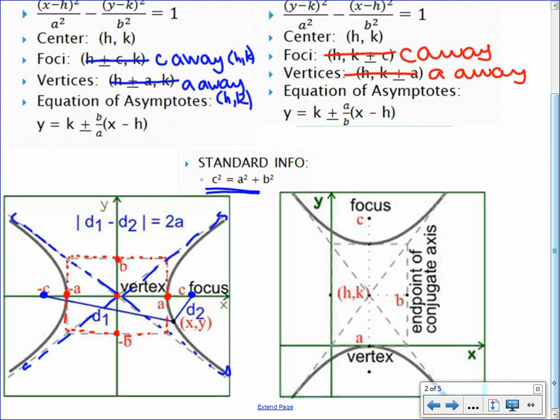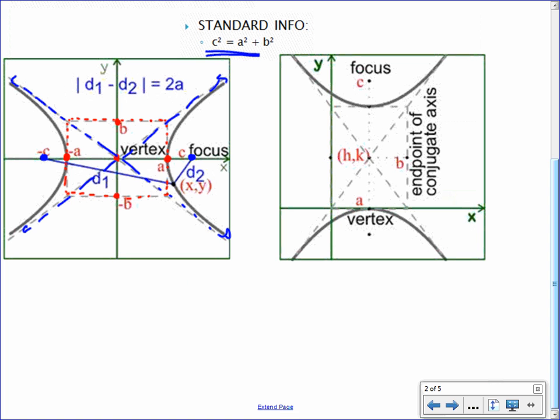What is point-slope form? y minus your y value equals slope times x minus your x value. We're going to use our center as the point, and we can easily figure out the slope based on what a and b are.